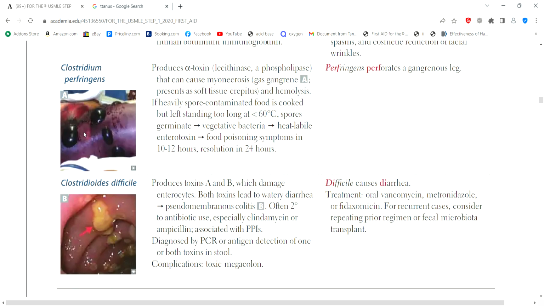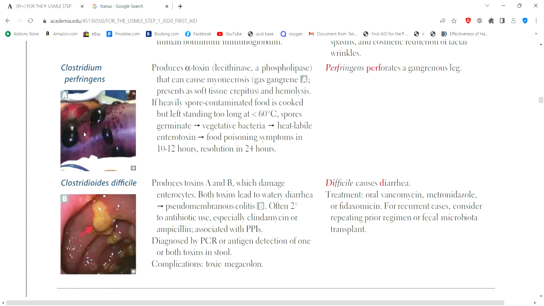All right. Spores grow into bacteria. The bacteria that grows from spores is known as vegetative bacteria.